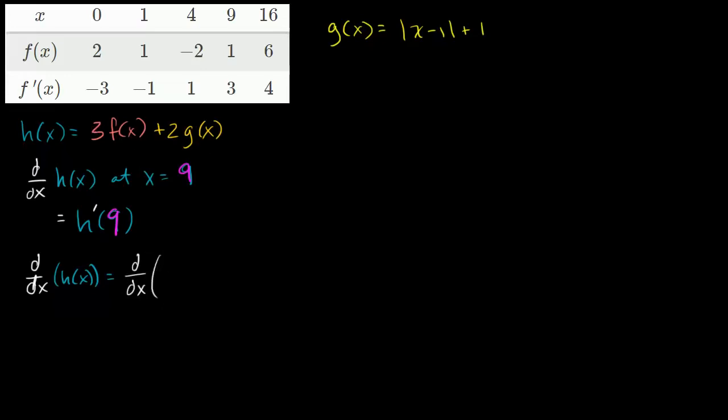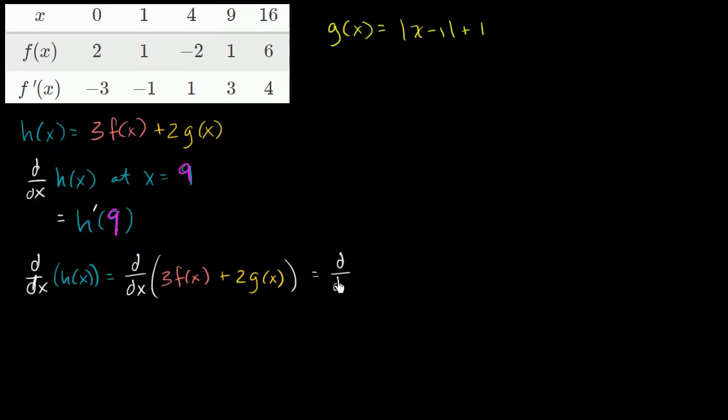So I'll just rewrite it: 3 times f of x plus 2 times g of x. Now, the derivative of the sum of two terms is going to be the same thing as the sum of the derivatives of each of the terms.